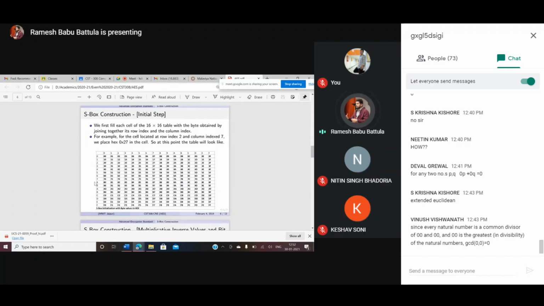That means the 7 is the row and the corresponding column is 8. So the first 4 bits represent row information and the second 4 bits represent column information. This is just initializing byte values in hexadecimal form.